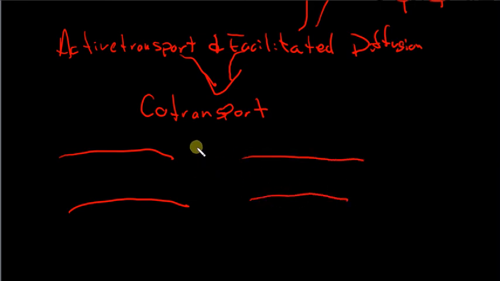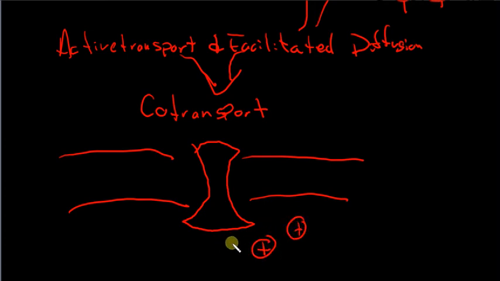and I'm going to have a protein like that, and on the inside of the cell we're going to have a bunch of hydrogen ions. And on the outside of the cell, we're going to have a lot of glucose. Let's pretend it's glucose.